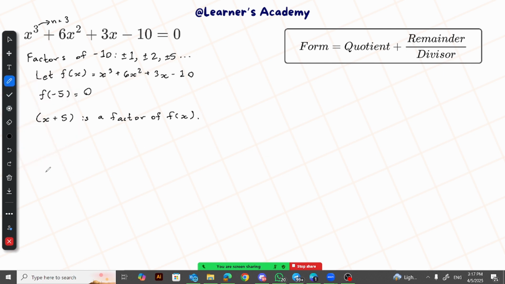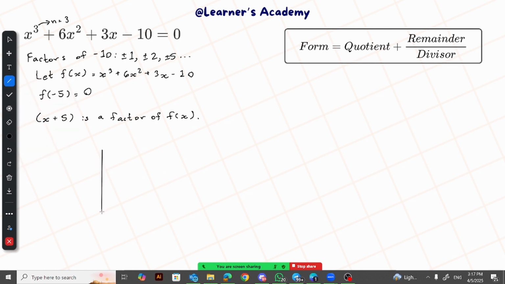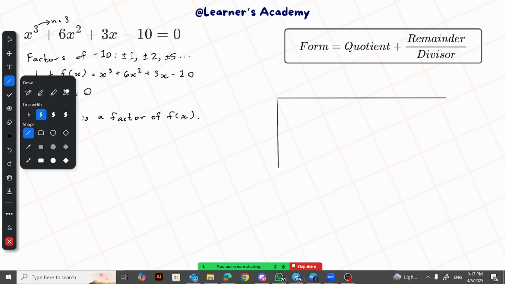Okay, so we have already figured out the first factor of this equation. To find the rest, we have to divide the whole original equation by this factor.